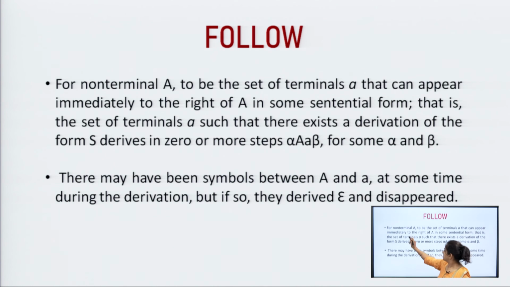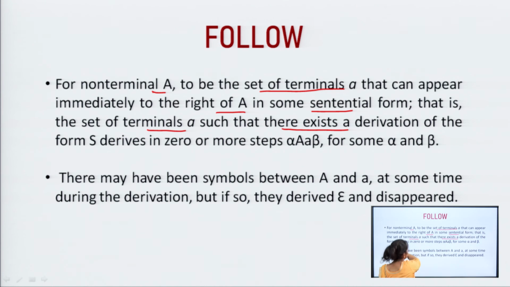For a non-terminal capital A, follow is the set of terminals small a that can appear immediately to the right of capital A in some sentential form, that is, the set of terminals a such that there exists a derivation of the form S derives in 0 or more steps alpha A beta for some alpha and beta.